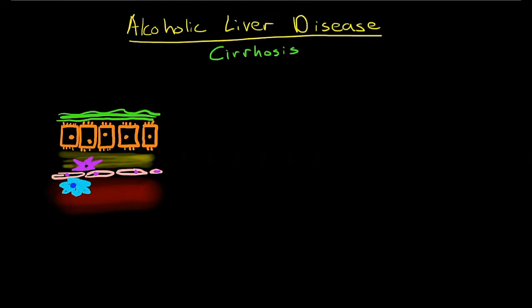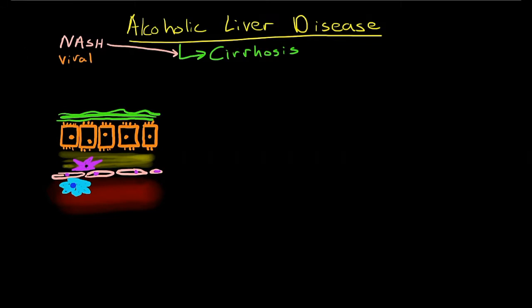In this country, alcoholic liver disease is one of the most common causes of cirrhosis, but cirrhosis can also be caused by a disease called NASH, which is non-alcoholic steatohepatitis, which is caused by a disease process leading to fatty deposition in the liver, in the interstitial spaces of the liver. It can also be caused by viral diseases, hepatitis A, B, and C.